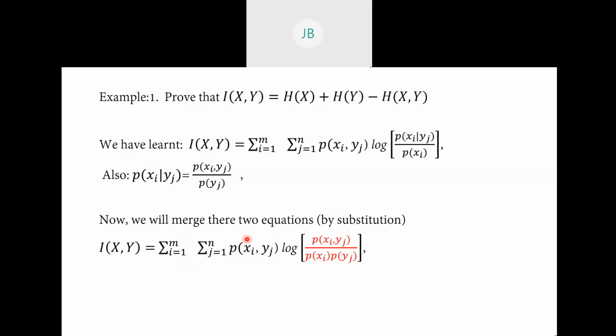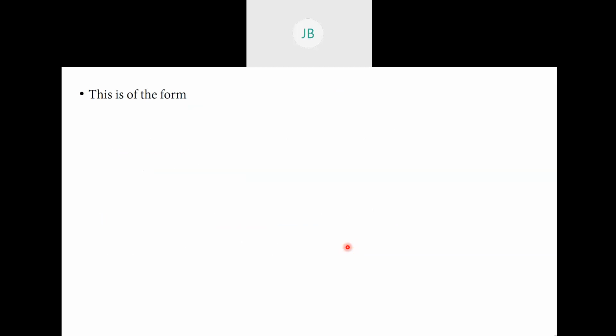Here pxy, the joint probability between input and output, is the same term. It is rewritten here as log of the joint probability between input and output divided by the probability of output multiplied by the probability of input. This term is from here.